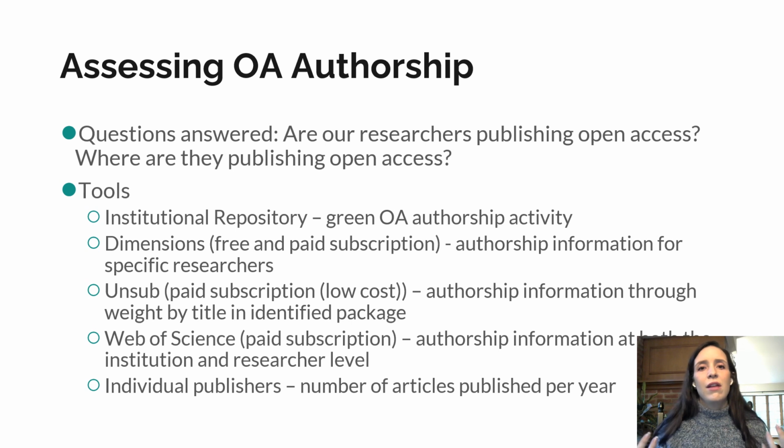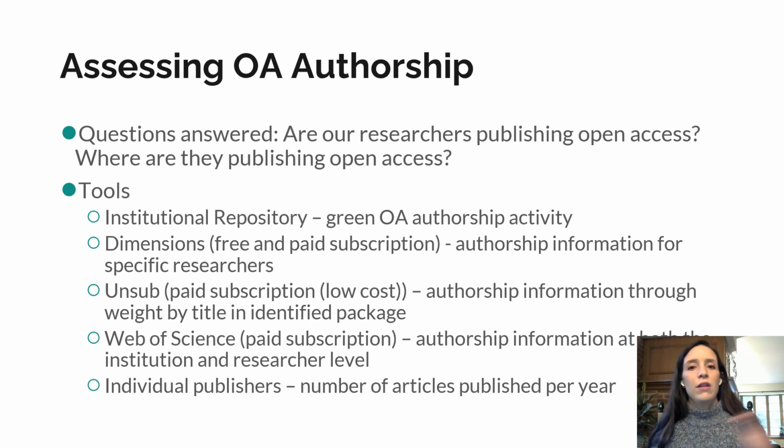So when we're assessing OA authorship, we might want to ask, well, are our researchers publishing open access? And if they are, where are they publishing open access? So of course, we can look at our institutional repository, and this will be more comprehensive if you have an opt-out rather than opt-in policy for associated researchers contributing their work.